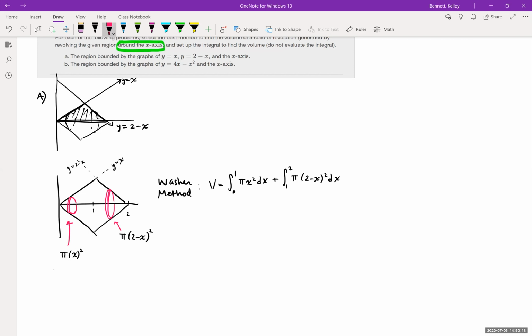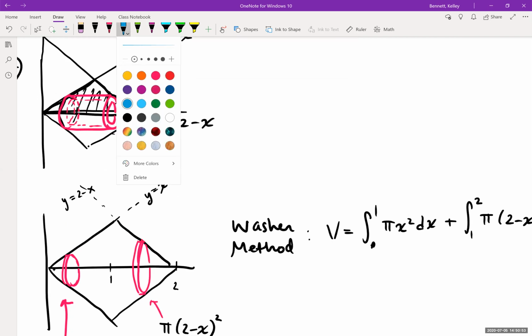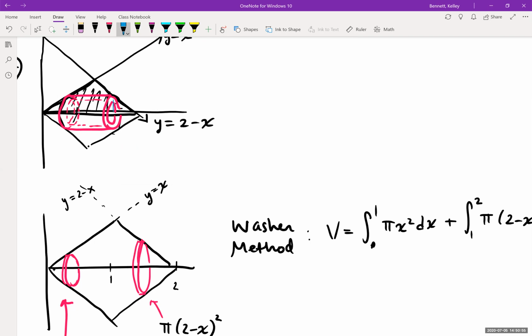So let's look at the cylinder method over here for the same region. I think this one's actually a bit easier because the cylinder is going to have, let me zoom in a lot, the radius here is just y.